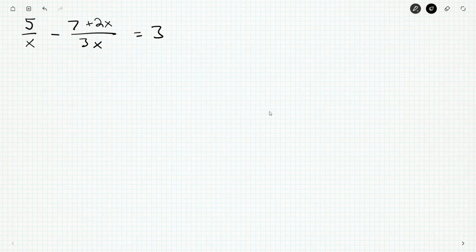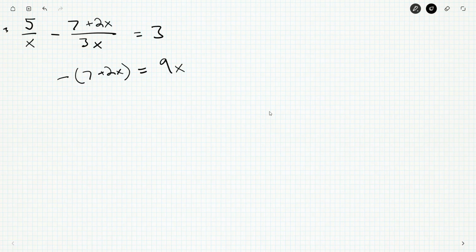So we have an equation here. I think the easiest thing to do is get rid of the fraction stuff. So I'm going to multiply by 3x on both sides. So 3 times 3x, we're going to get 9x here. The 3x here, we're just going to get minus 7 plus 2x, because the whole denominator is 3x.